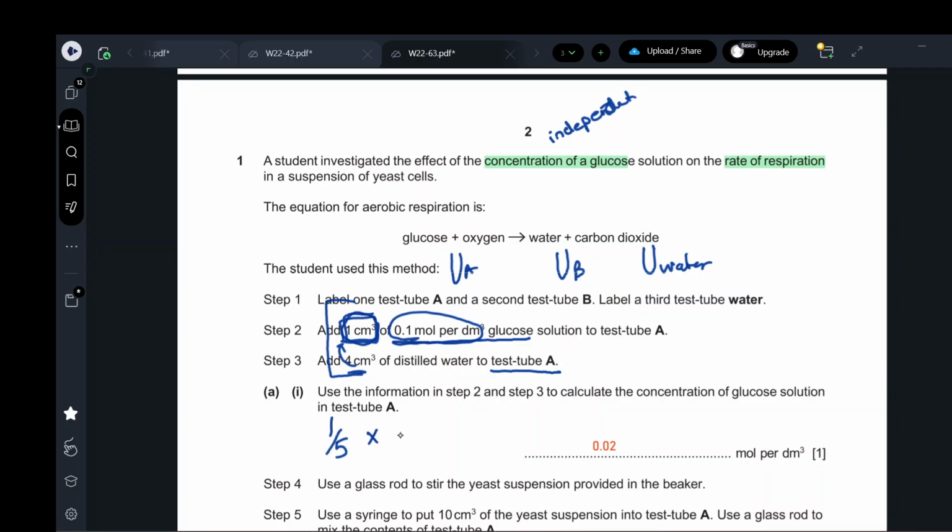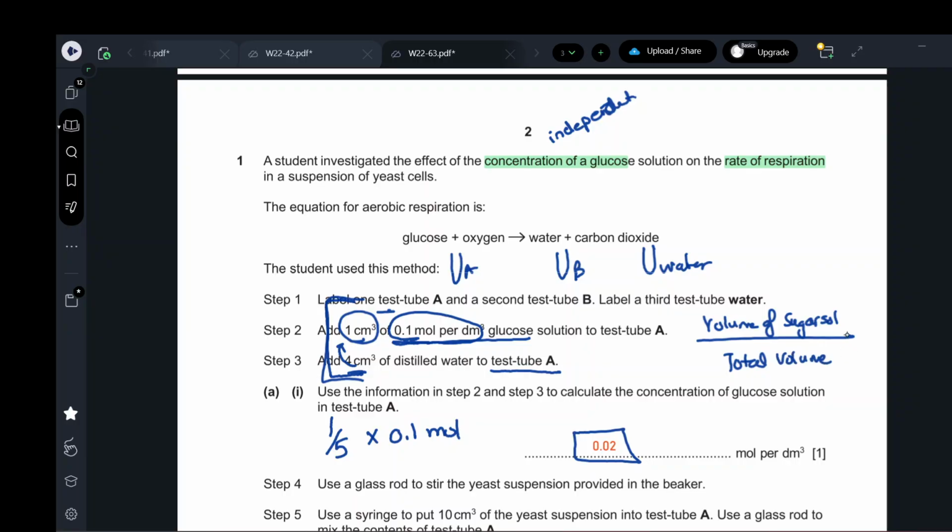This concentration times 0.1 mole. Then you calculate it on the calculator. It will be 0.02. Again, volume of sugar solution used over the total volume, multiplied by the concentration used.